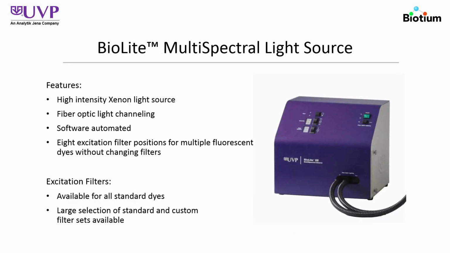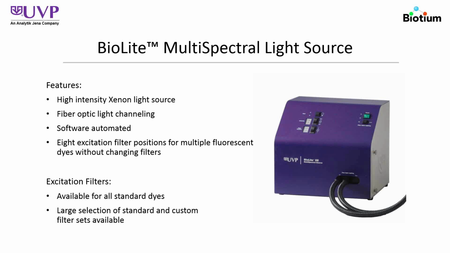For fluorescence blotting, the BioLite multispectral light source is ideal. It not only uses a high-intensity xenon light source, which gives a broad spectrum of illumination from the long-wave UV up to the NIR beyond 900 nanometers.